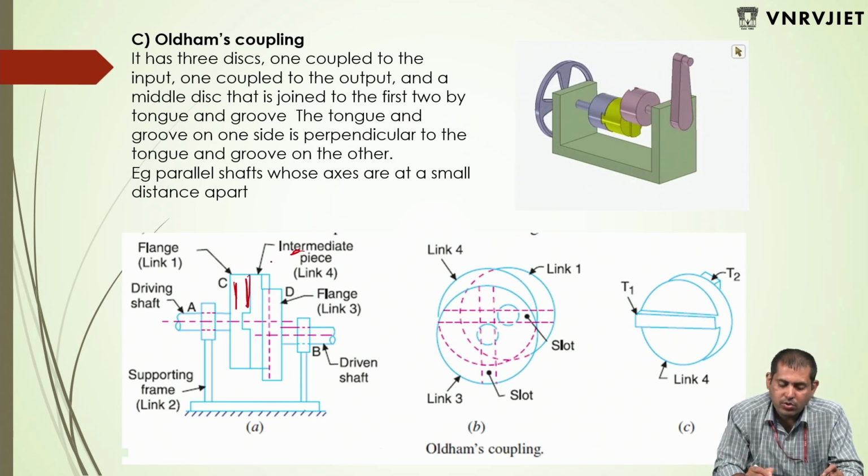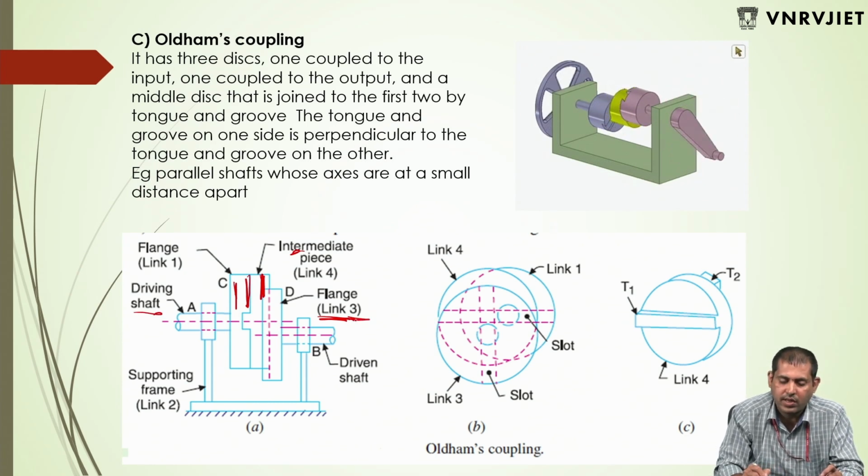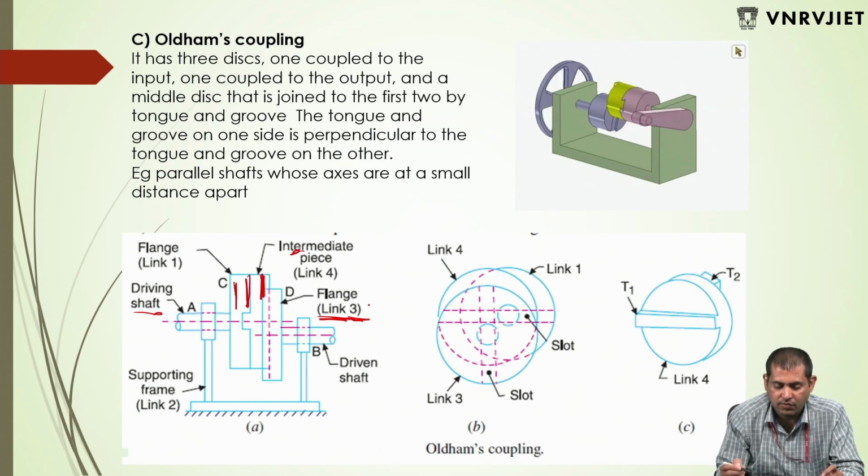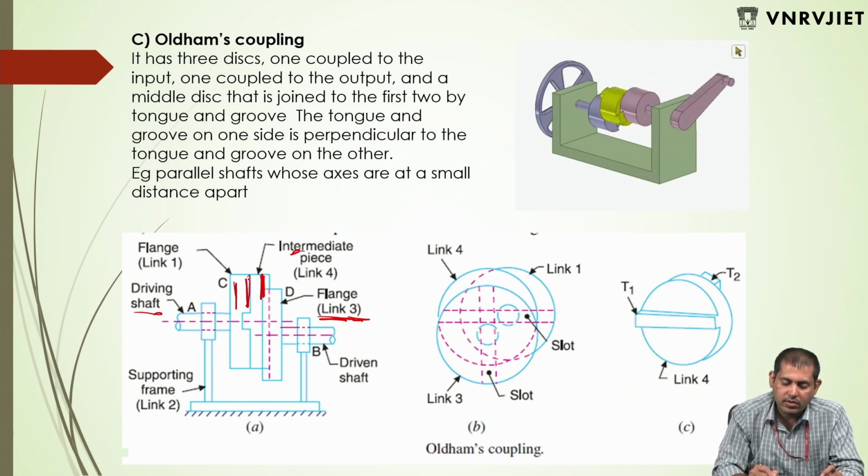Parallelly, the same sliding motion is happening on the other side of this intermediate piece to the other flange, link 3, which is connected to the output. This is the driving shaft input, and this is connected to the driven shaft output. These 2 slidings are happening simultaneously. So this is called an Oldham coupling.